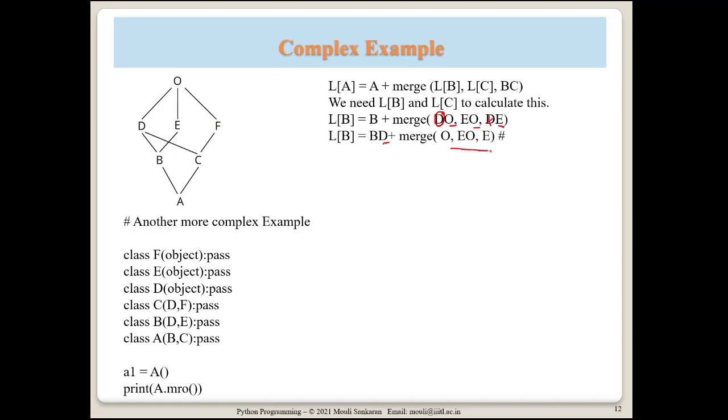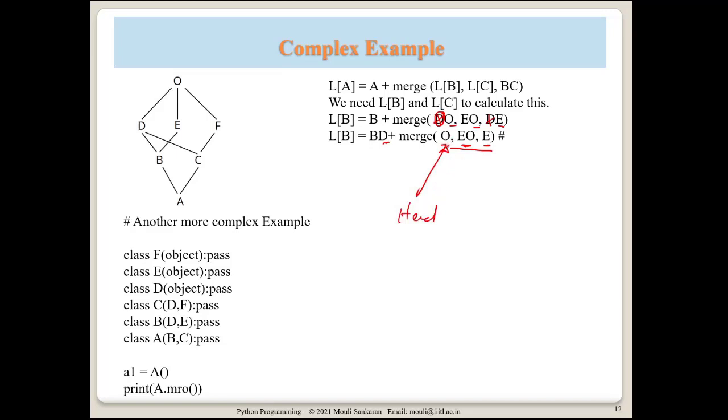Now I reconstruct the remaining lists, because D is taken care of. O, EO comes as it is. Then E comes here. We have to go in the same order.